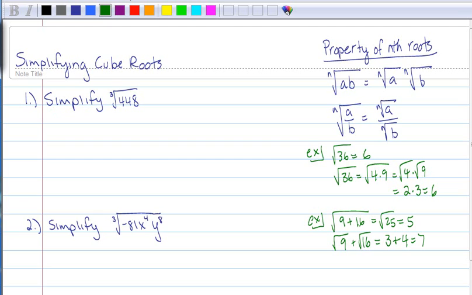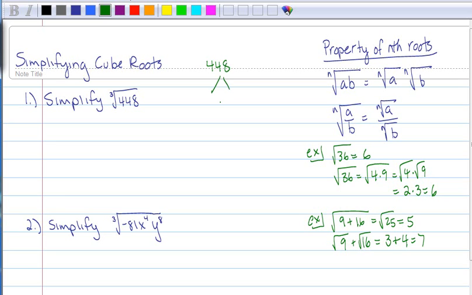But they're asking us to simplify. So when they ask you to simplify in any nth root, what they want is for you to take out anything that's perfect. So we're looking for perfect factors in 448, which might be a little challenging because that's such a large number. So let's go ahead and do that work over here.